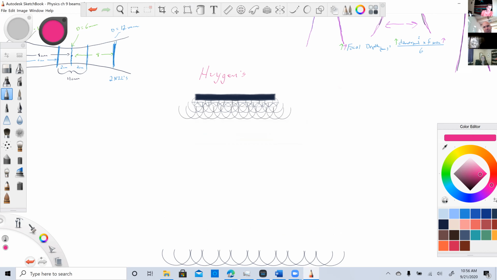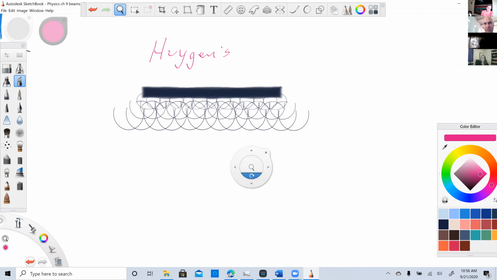Okay. So what I'm beginning to show are these wavelets. I can write the word wavelet without crashing my machine here. Huygens. So we have this individual sound source here that begins, and it comes out, and it comes out.